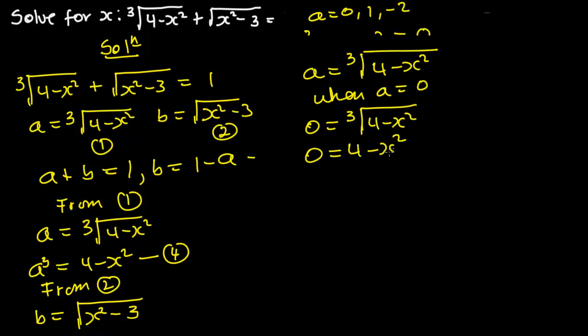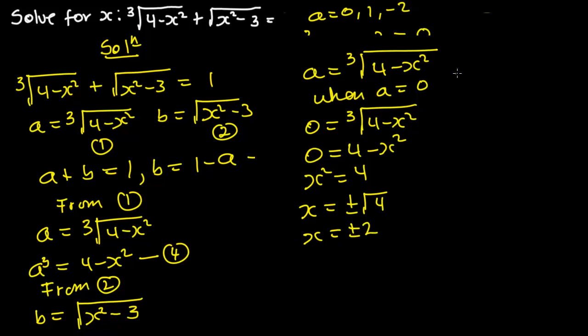When we make x squared the subject, we are going to have x squared to be equal to 4. And so to be able to get rid of the squared over here, we are going to have x to be equal to plus or minus the square root of 4. And x will be equal to plus or minus 2. So these are some answers for x.